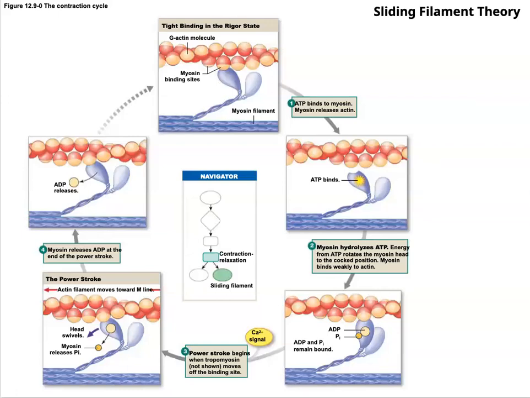Now, the sliding filament theory is a theory that explains how our muscle can actually contract and generate force without creating movement. An example would be you pushing against a wall. There's clearly tension that develops within your muscles, because you can feel it, but you are not moving the wall.